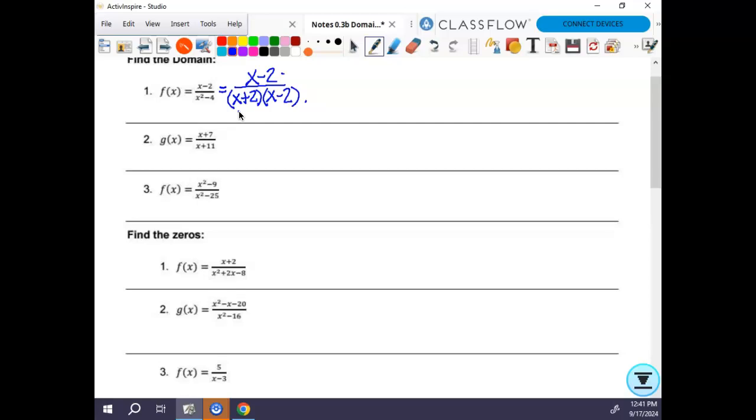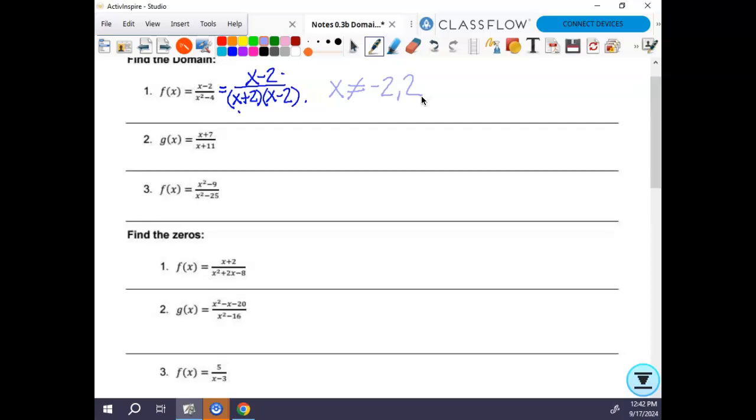Vertical asymptote, good. So if I factor everything and I haven't reduced anything, then if I just look at all the zeros of the denominator, that gives me everything x can't be. Does that make sense to you? So I know from looking at this that x cannot equal -2 or 2. For 2 different reasons, but that doesn't even matter right now, okay?